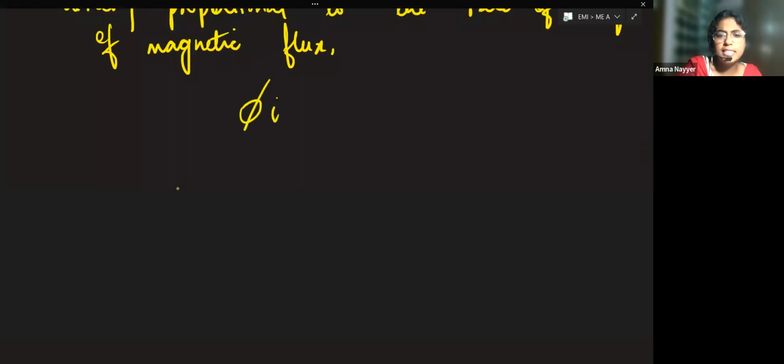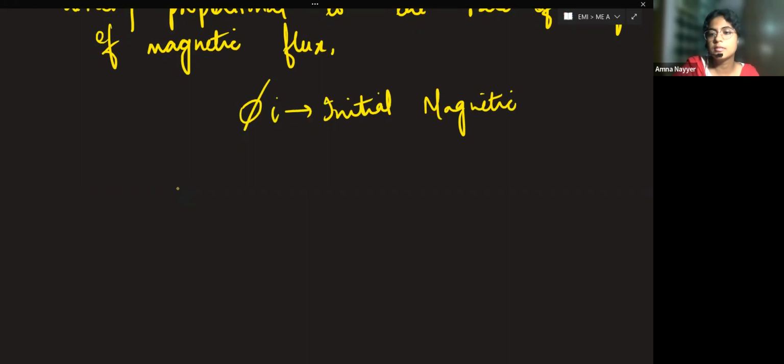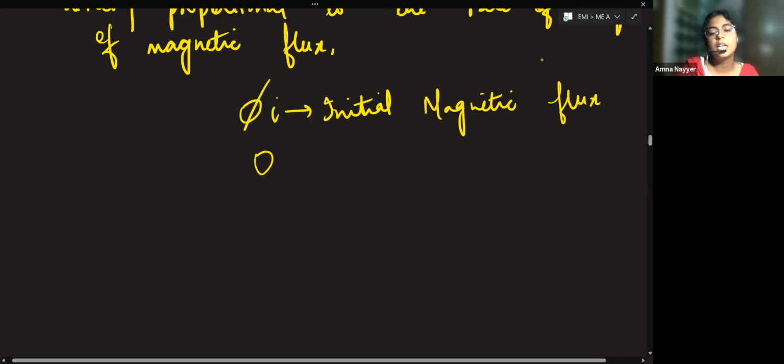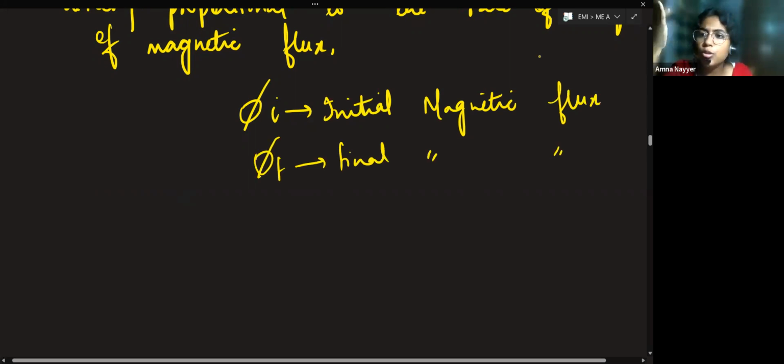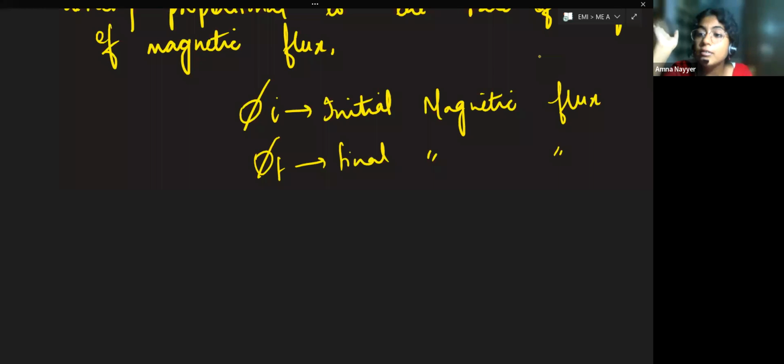If I say phi I, this is the initial magnetic flux. This is the final. So change will be what? How do you get the change between any two quantities? You subtract the initial from the final, that gives you the change.